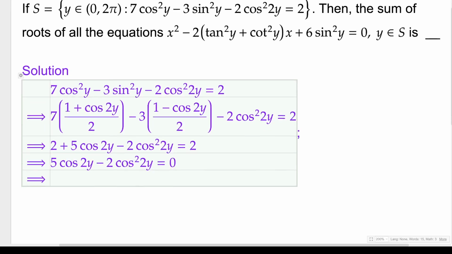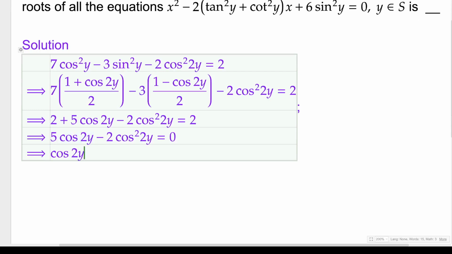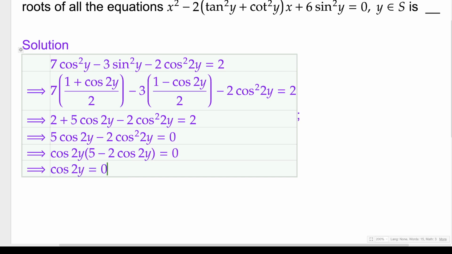Now from this, cosine of 2y is the common factor, right? So this can be written as cosine of 2y times 5 minus 2 times cosine of 2y. Now if you can observe here, from this we can write, that is cosine of 2y will be 0, and this, that is 5 minus 2 times cos 2y, that is 0. Now let me first solve this part, and then I'll be solving the next part.